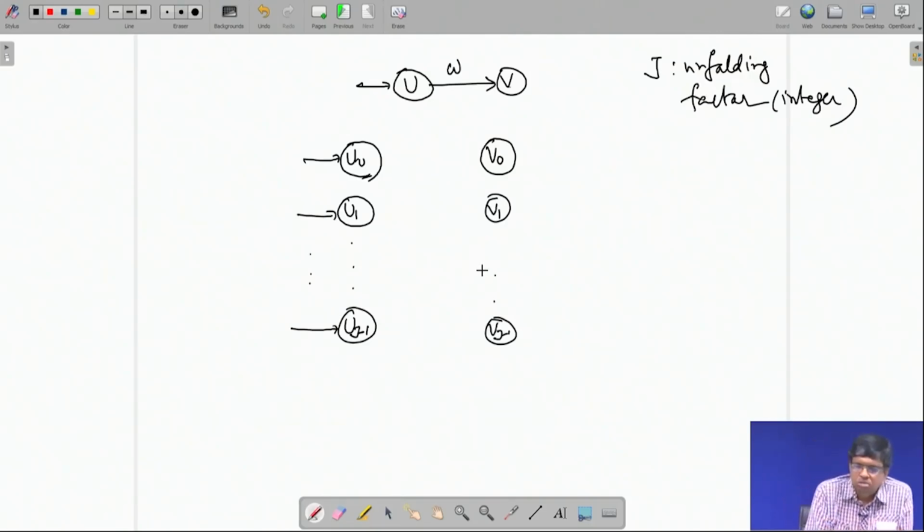We will find out, if I take the output of U0, which one of the processes V0, V1 or Vj minus 1 it will go to. After all, output of U has to go to V. U type of processor must deliver to V type of processor. So, if it is U0, it will give its output to one of the V type of processors, but which one I have to find out, and in that edge what will be the delay.